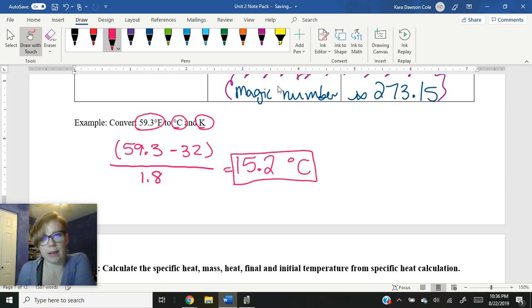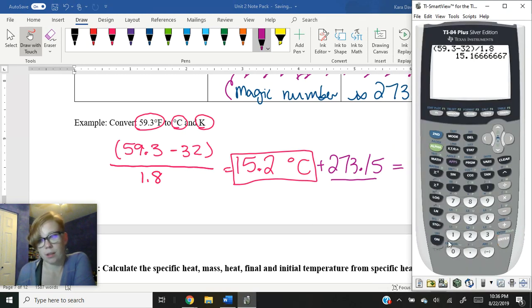Now, to get into my Kelvin, I need to add 273.15. That's my magic number. Now notice I don't really round that number, so I'm going to add 273.15 to the unrounded value.